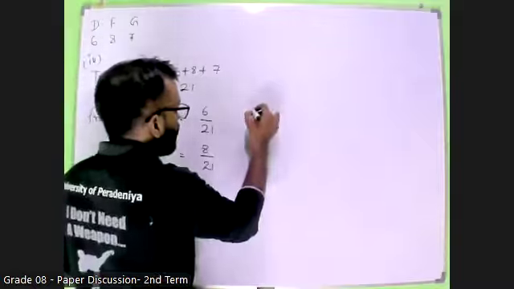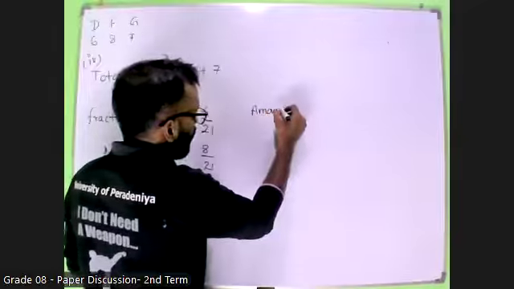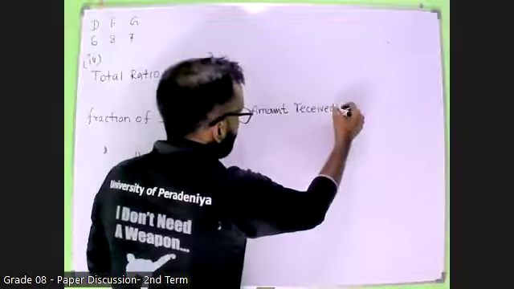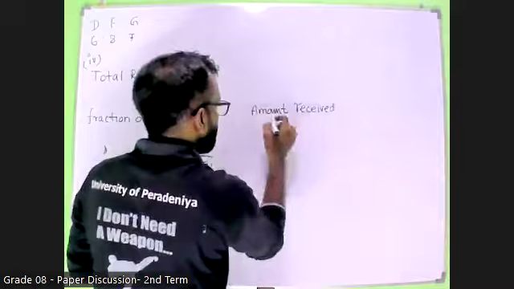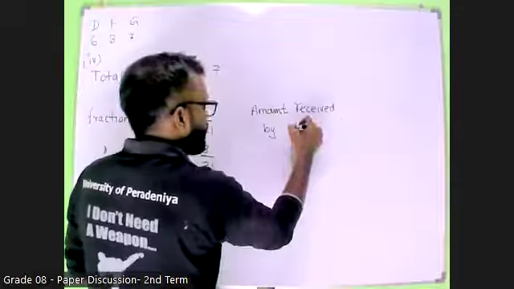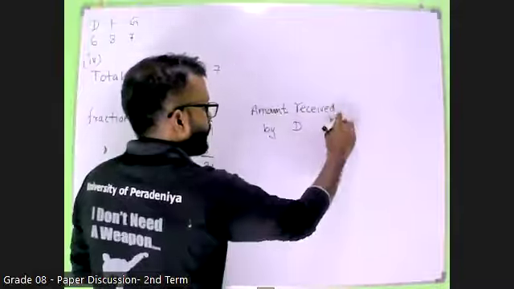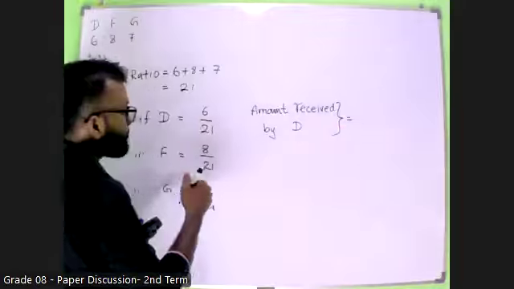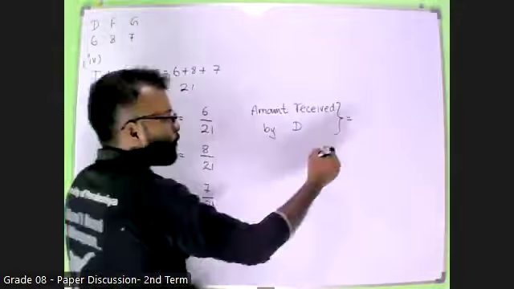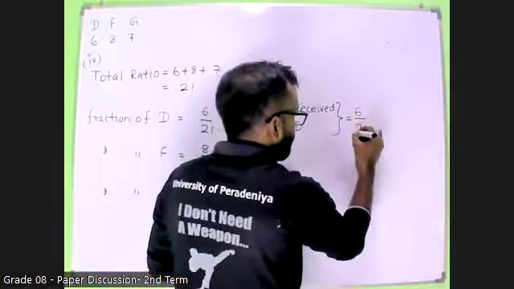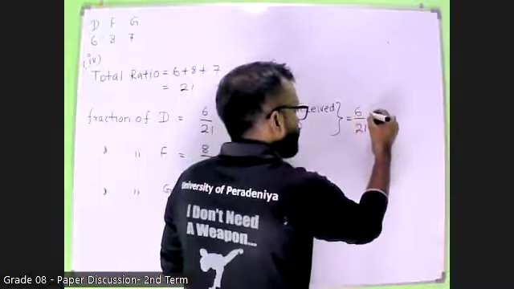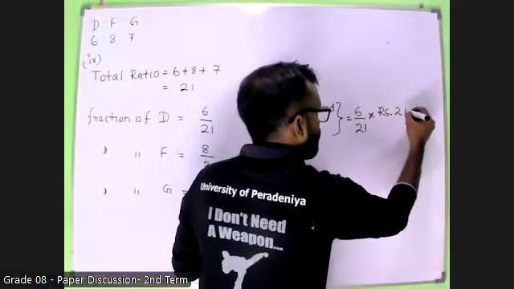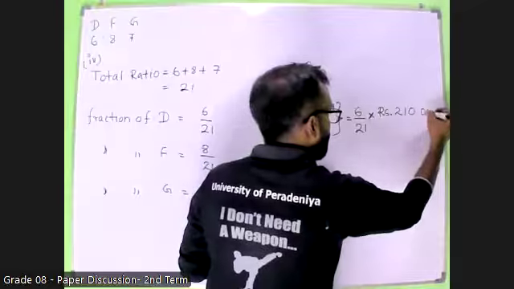So amount received by dealing. How to find? Equals fraction, 6 upon 21, and the total profit will be 210,000.